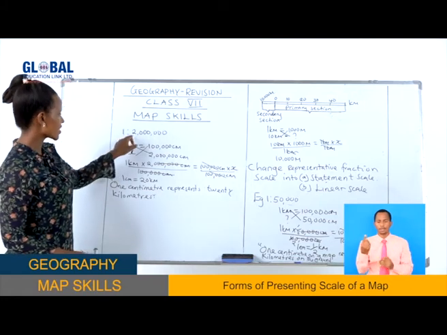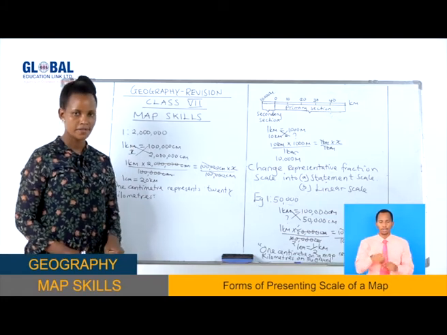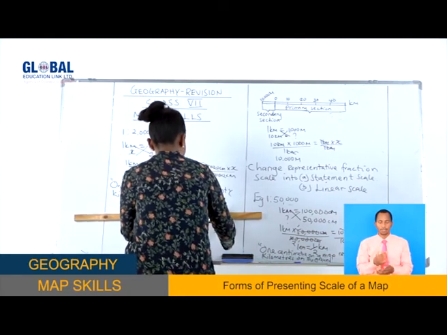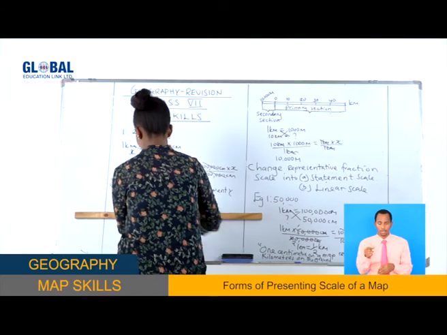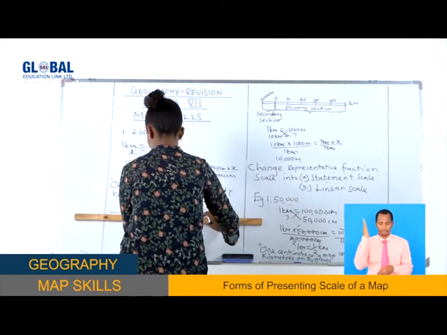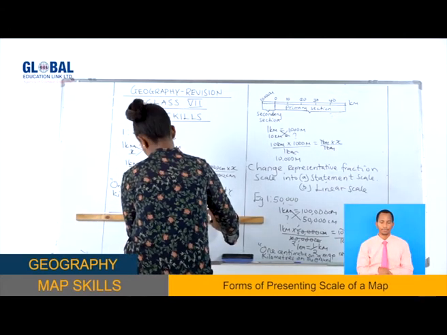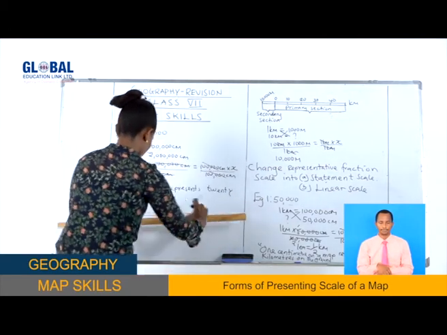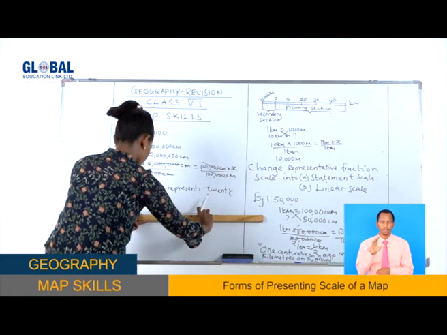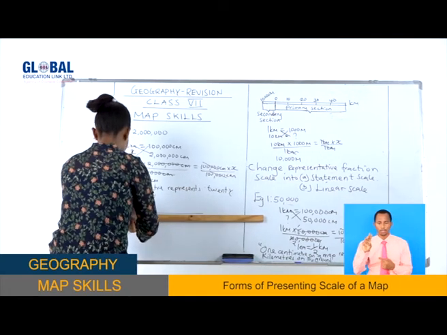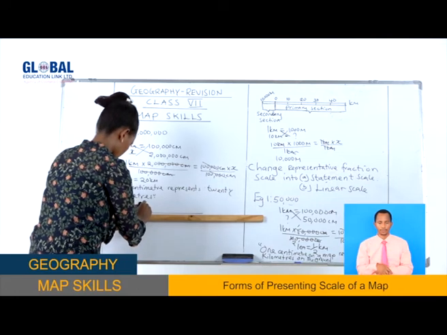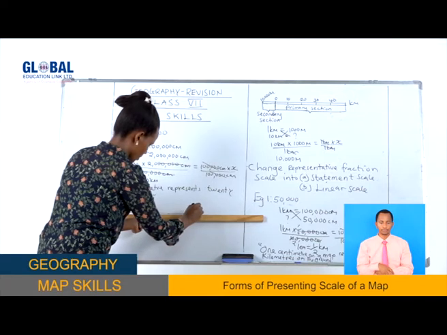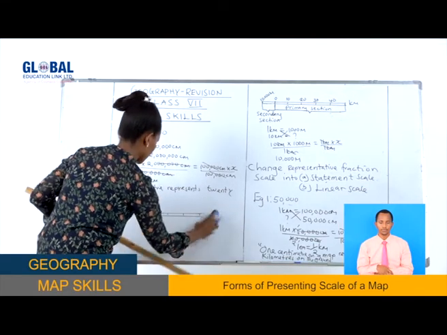Okay, let us change the same scale into linear form. You draw a line segment like this. Then divide into portions of 1 centimeter each. 1 centimeter, another 1 centimeter, another 1 centimeter, another 1 centimeter.